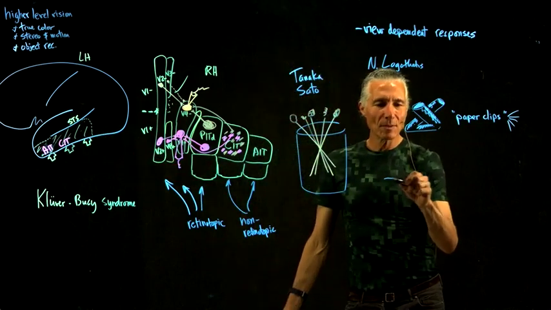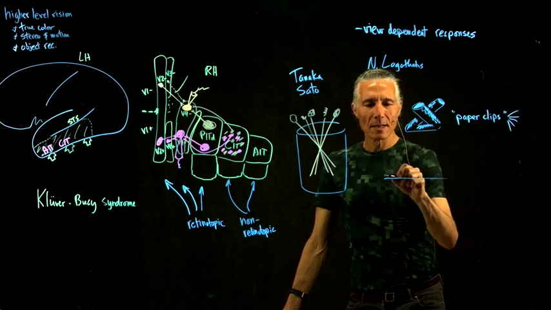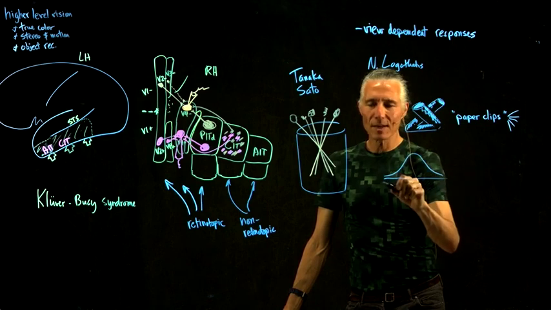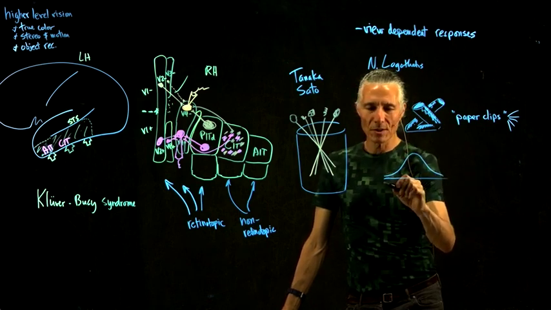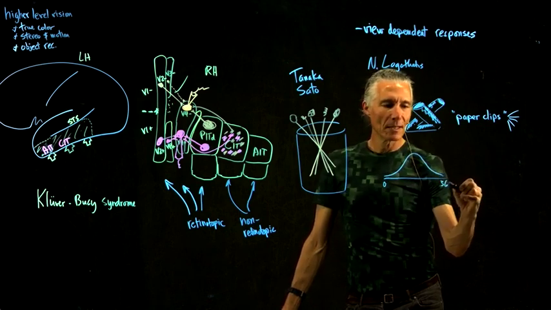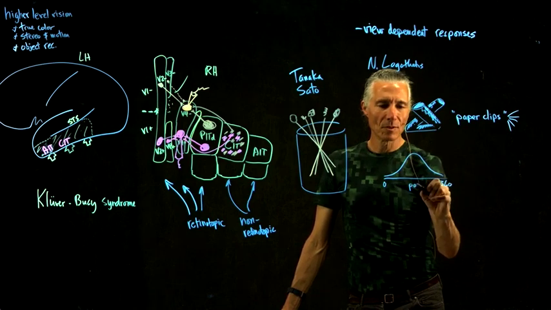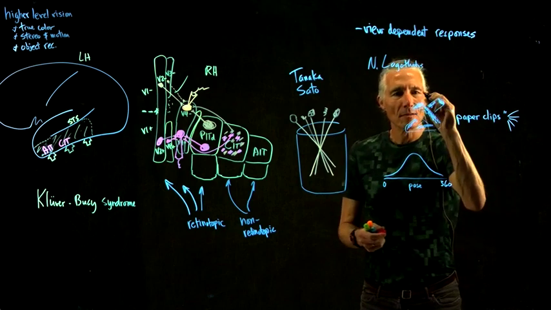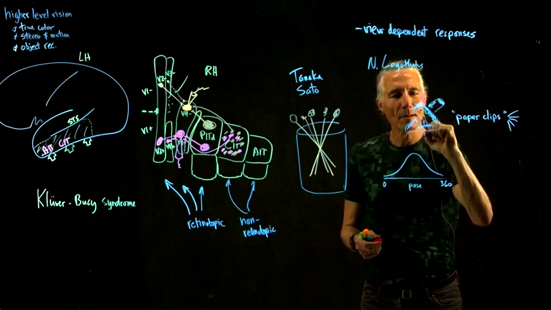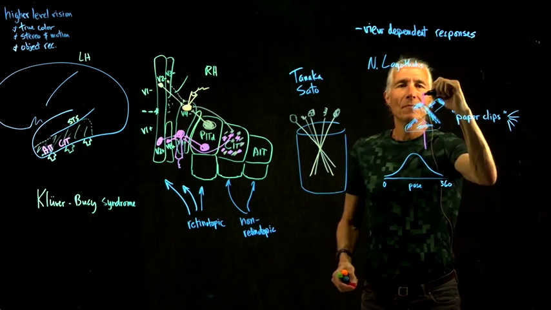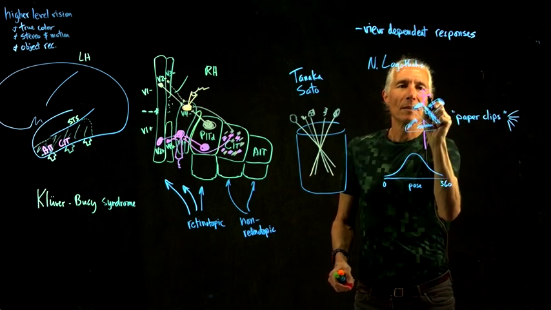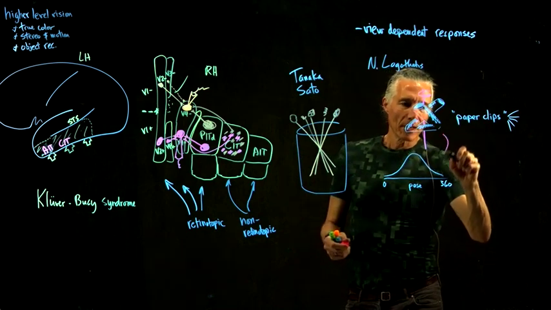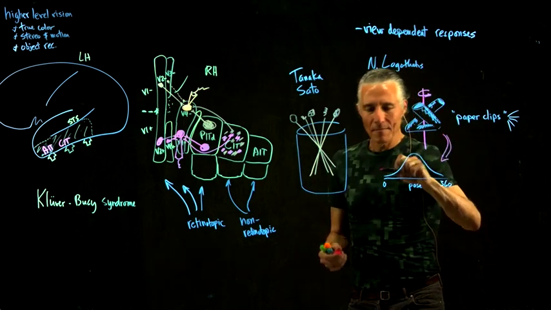Well, they found almost invariably roughly cosine tuning curves as a function of pose. So here's 0 to 360. This is the pose. Imagine you put an axis down the middle of that paper clip, then rotate that paper clip around the axis, and look at what the cell response is.